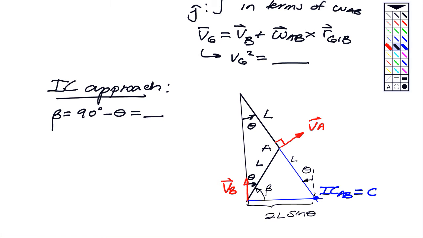What I can do is use the right relationships here to find out what omega AB and omega OA are, and what their relationship is.